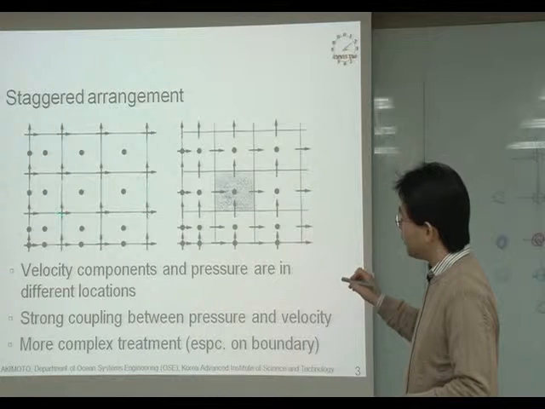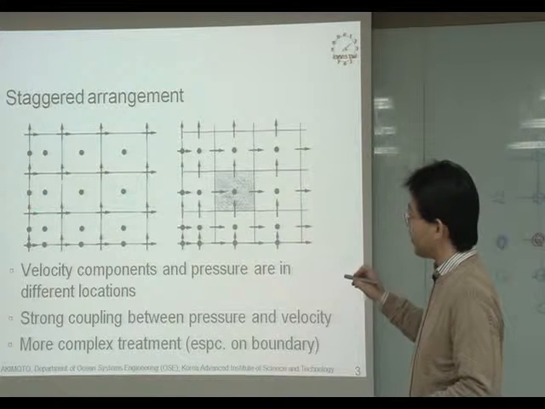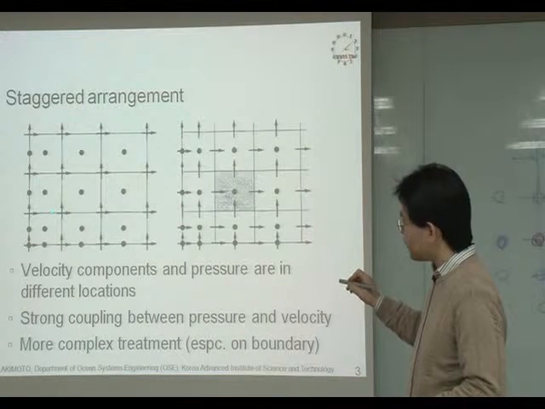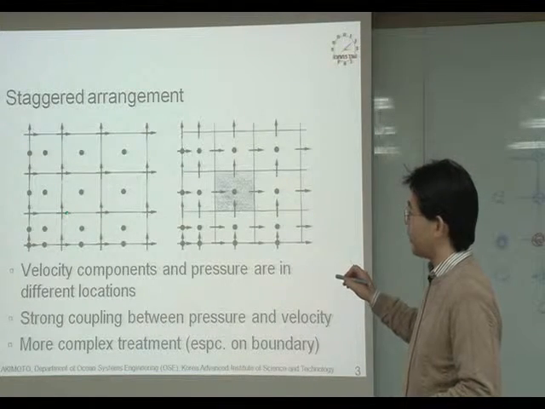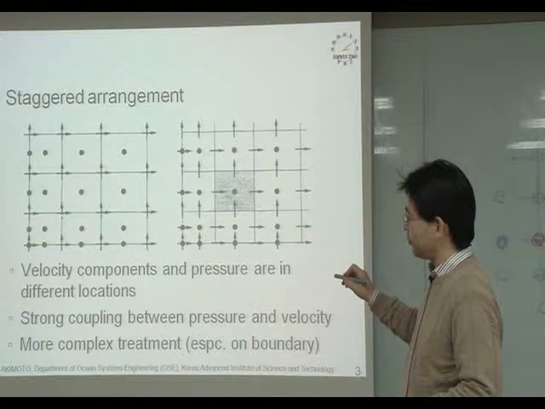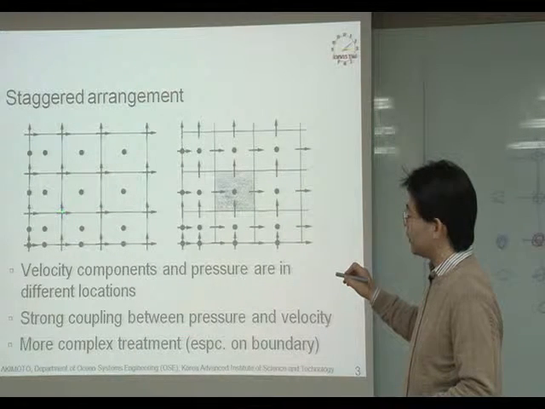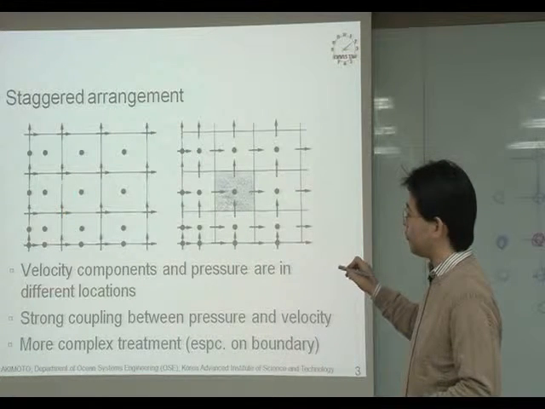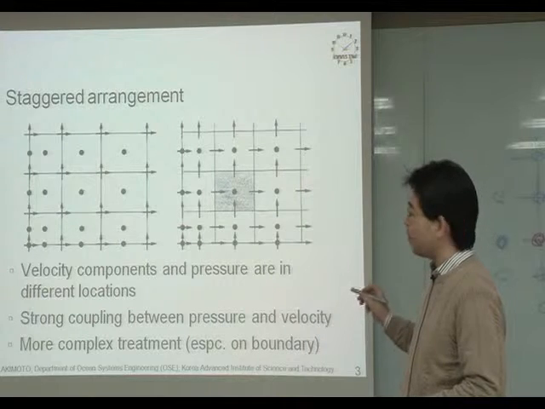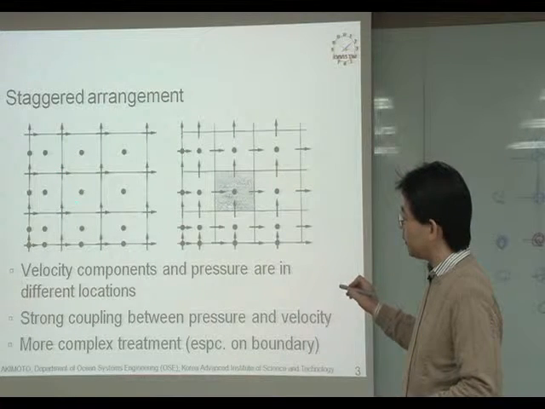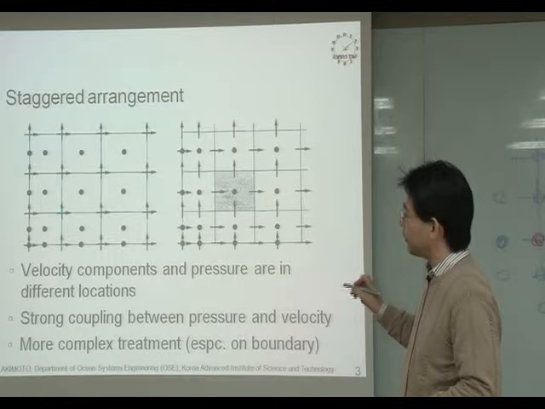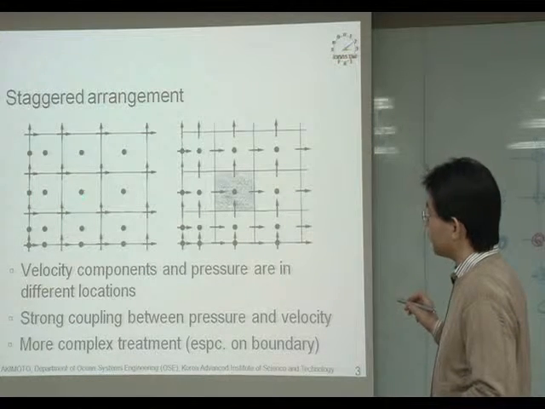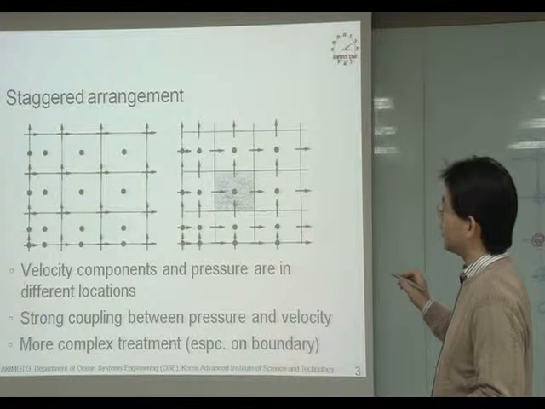On the mesh nodes, the mesh vertices, velocity components are defined. In this case, U and V components are defined at the same position, but the location is different from the pressure definition point. Pressure is defined here, and velocity components are defined here. So it can be said it is a staggered arrangement.